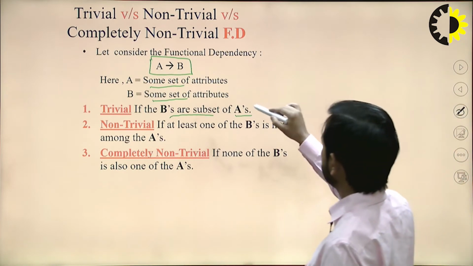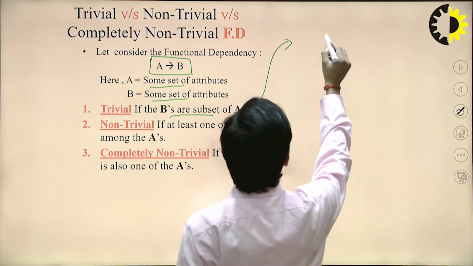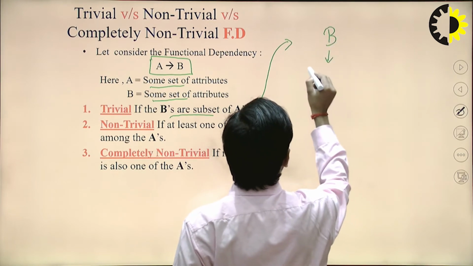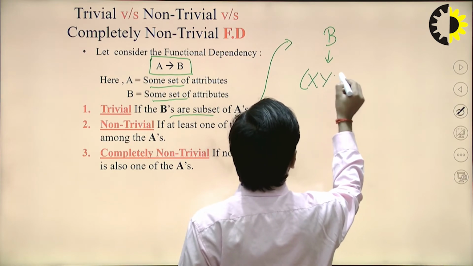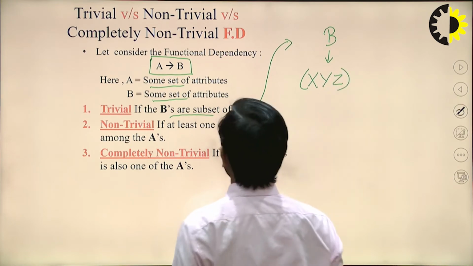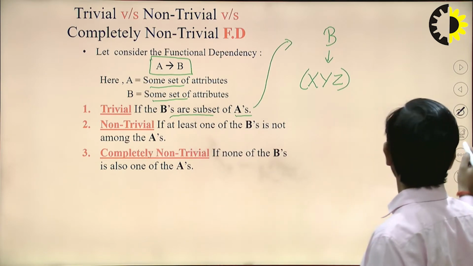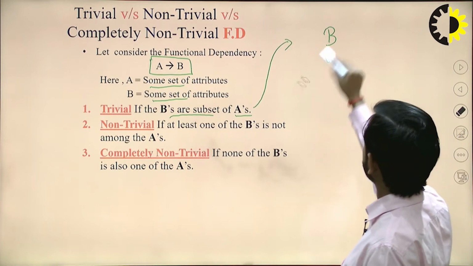What does it mean? Suppose we have set B and this set contains the attributes, suppose x, y, z.